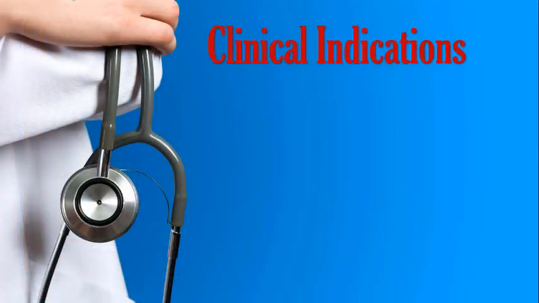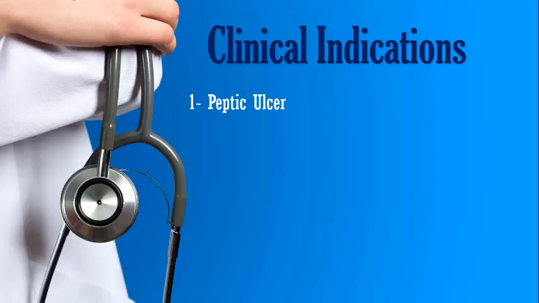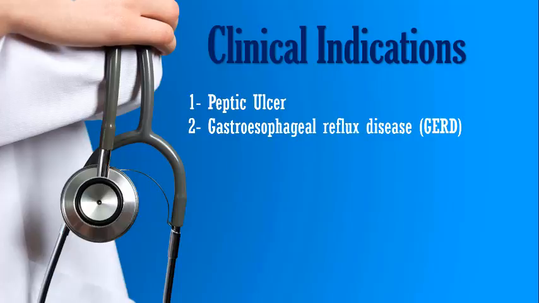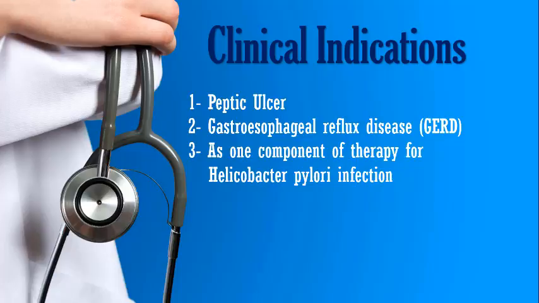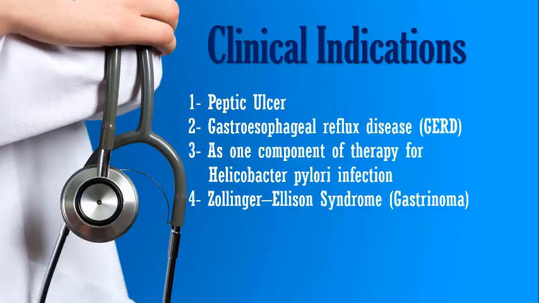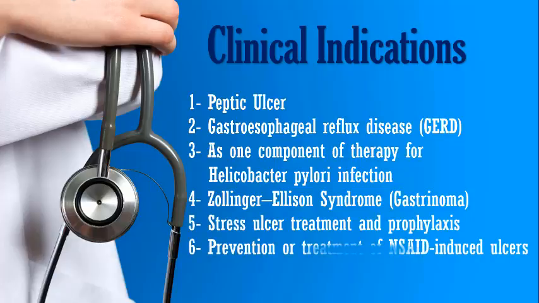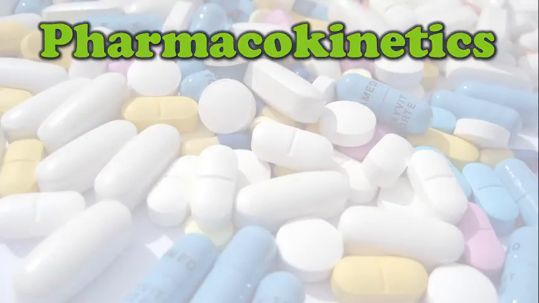The clinical indications of PPIs are for the treatment of peptic ulcer, gastroesophageal reflux disease or GERD, as one component of therapy for Helicobacter pylori infection, Zollinger-Ellison syndrome or gastrinoma, stress ulcer treatment and prophylaxis, and lastly prevention or treatment of non-steroidal anti-inflammatory drug induced ulcers.